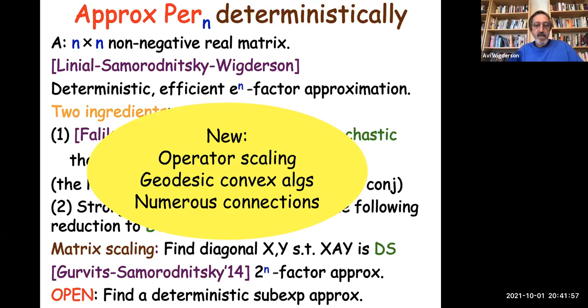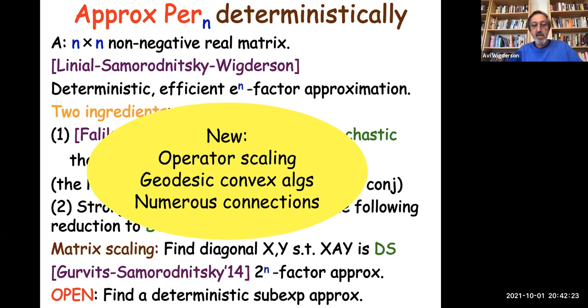is that this matrix scaling algorithm was extended to a non-commutative setting in this operator scaling work with Garg, Gurvits, and Oliveira, and then extended in many more works, some by people that you're probably in collaboration with, and many other people, to geodesic convex algorithms.